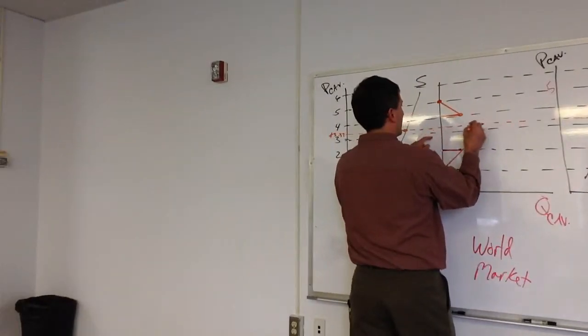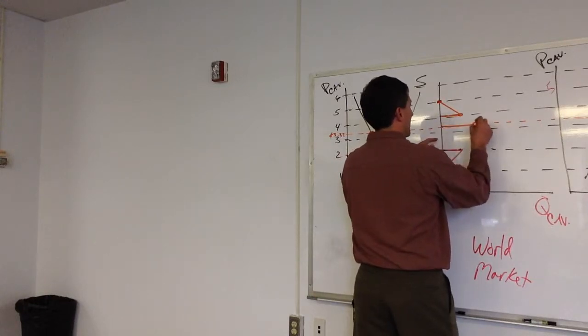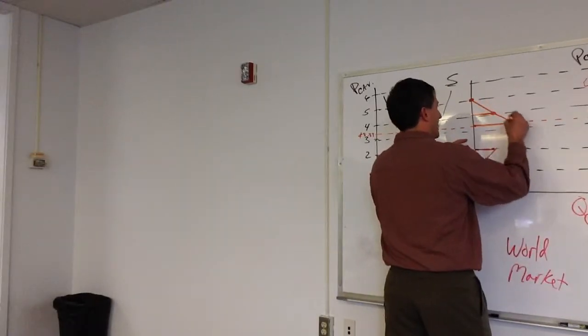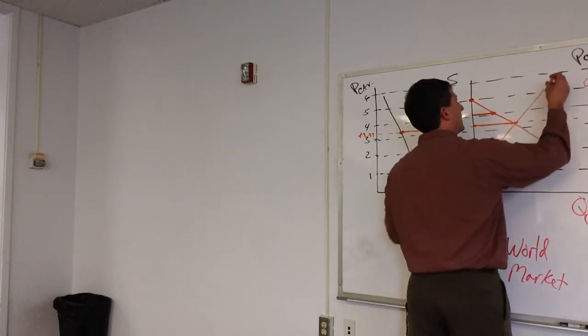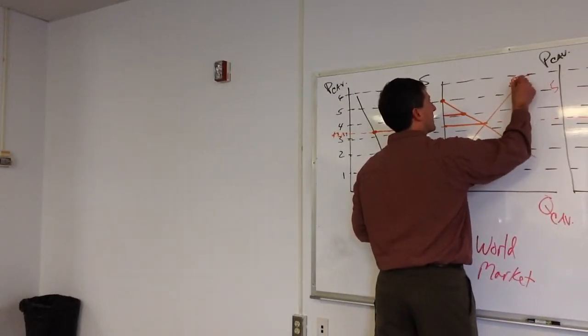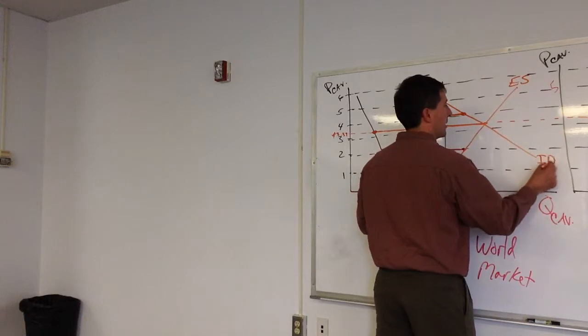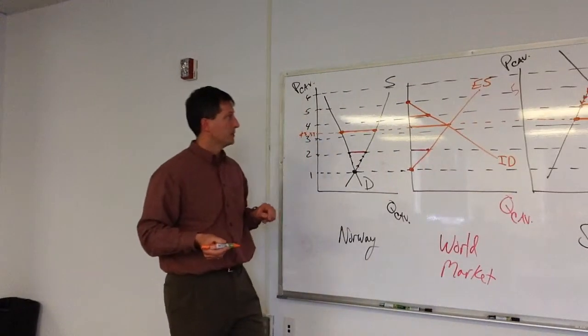That's where supply is going to equal demand. So that distance represents the amount of imports. Now you can connect the dots, and you just created the export supply curve and the import demand curve for the world.